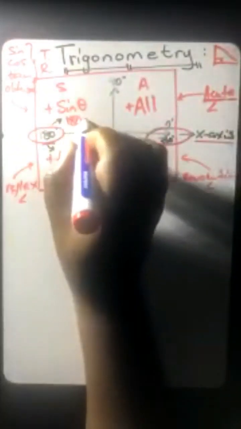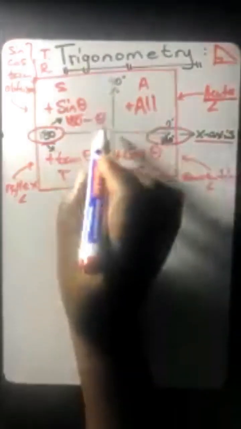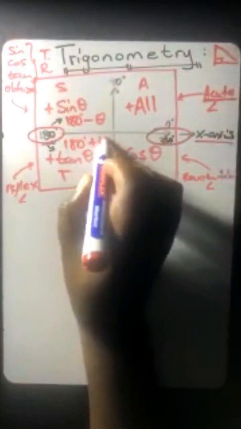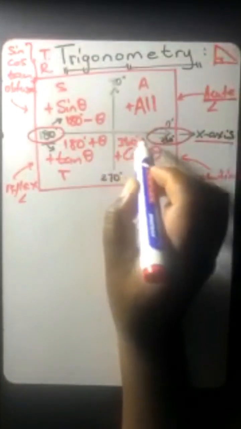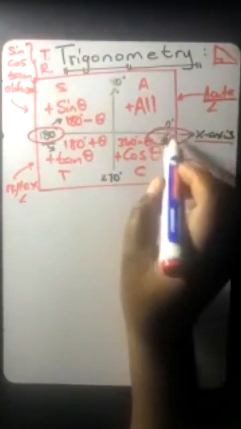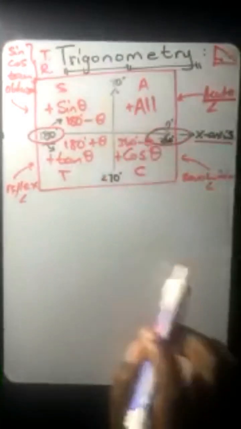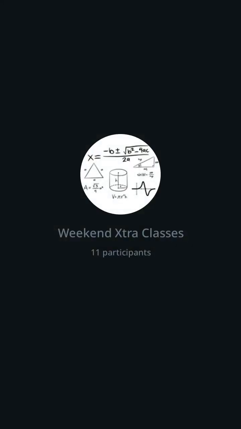Along the x-axis, we have 180 degrees minus an angle, which takes us into that quadrant. And then we discussed 180 degrees plus an angle, which takes you into that quadrant. The last one is 360 degrees minus an angle, which takes you into this one. So can you see, along this line we have the ones that take you there, and there, otherwise it's an acute angle.